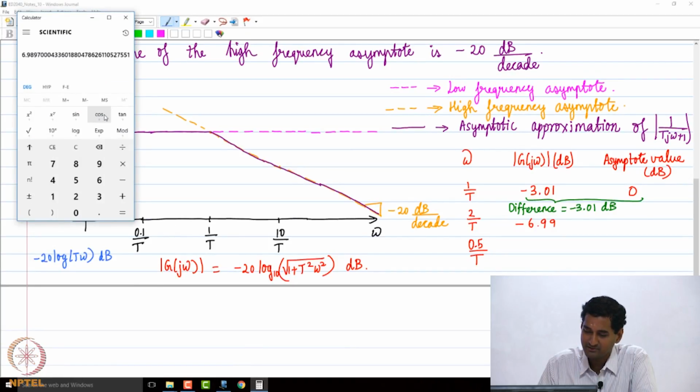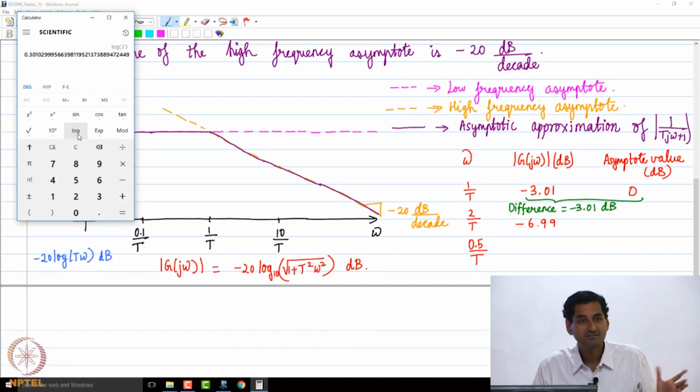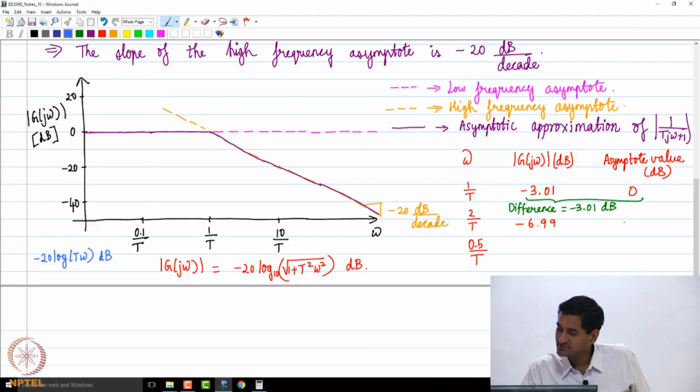Although it's pretty straightforward, I'm going to get 0.3010, multiply by 20, you get around 6.02 decibels. So this is going to be minus 6.02.